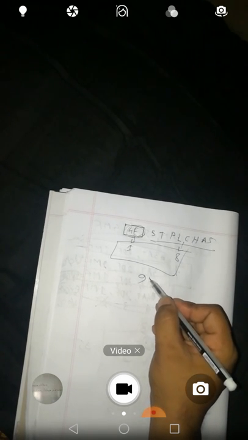So S T P L C H A S. Here are 8 letters and here are 4 E's which are all grouped together, so they appear as a single element, and here are 8 more elements, so we have in total now 9 elements. So 9 elements are rearranged in factorial 9 ways or 9P9 ways.